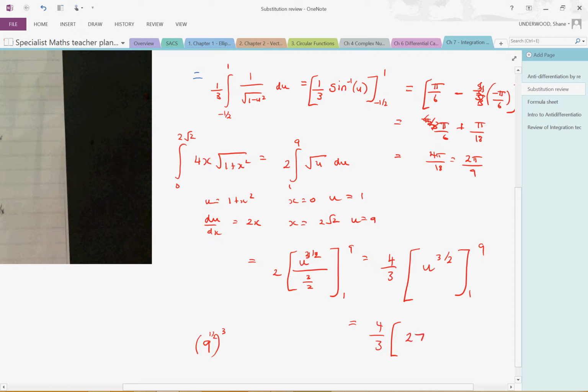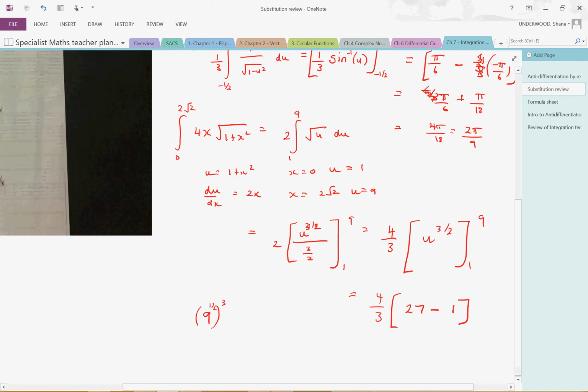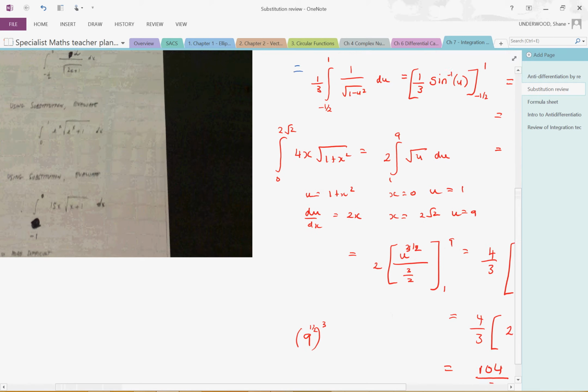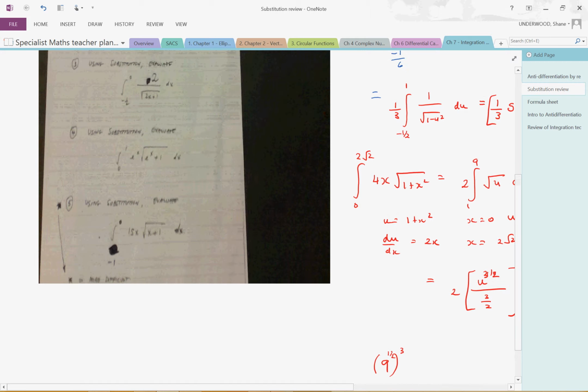So that's 27 minus the square root of 1 cubed, which is just 1. So you should have 26. So what's that? 26 times 4 is 104 over 3. Is that correct? Yeah. Okay, good. All right, so far, hopefully so good. Let's do number 3.